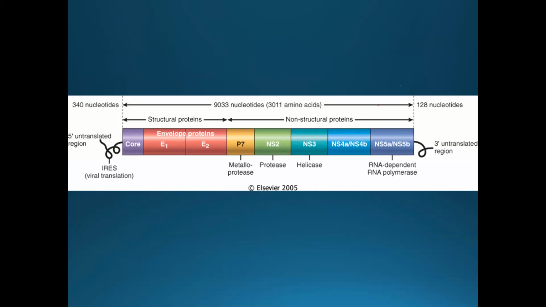Owing to the poor fidelity of the HCV RNA polymerase, circled in red, the virus is inherently unstable, giving rise to multiple genotypes and subtypes.